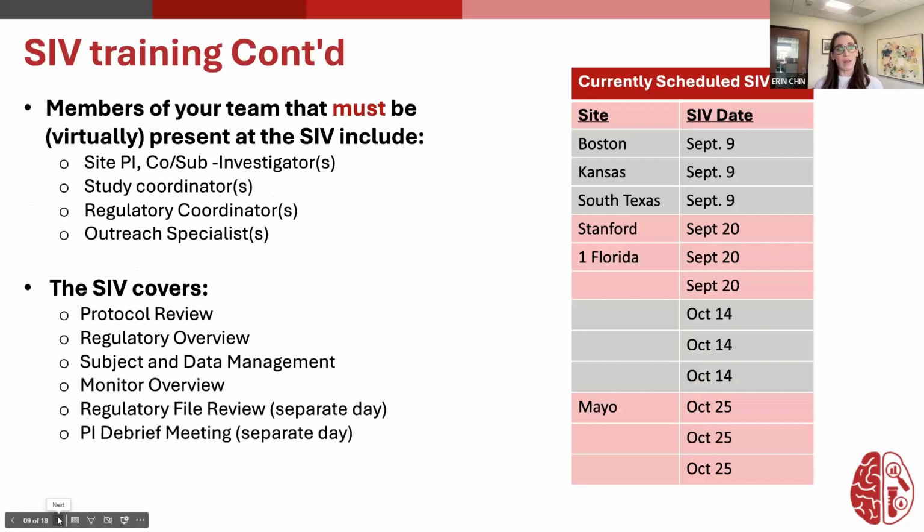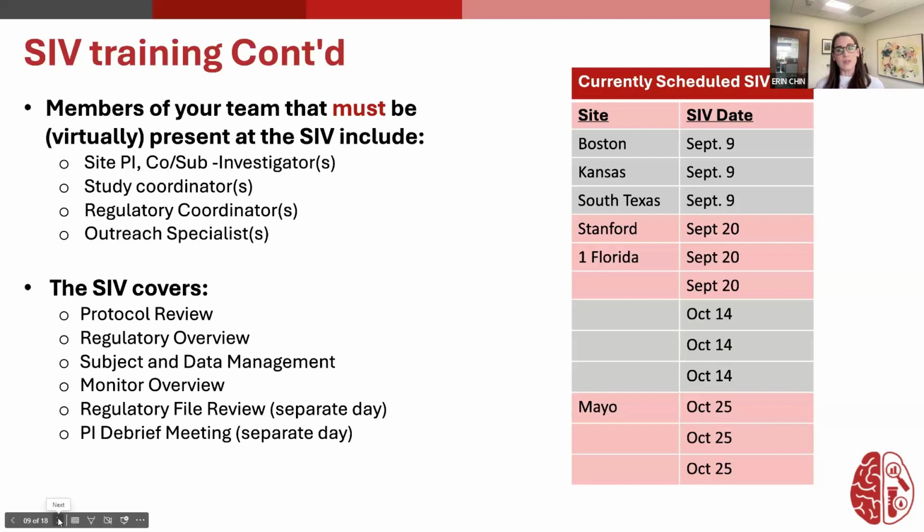But that's going to be covering the protocol review with Sterling, the regulatory overview, subject and data management, the monitor themselves will be presenting, just going over expectations. And then there will be a regulatory file review of your regulatory binder on a separate day. And then a short PI debrief meeting, just going over your regulatory binder, if there was anything missing, that kind of thing. That's usually pretty brief.